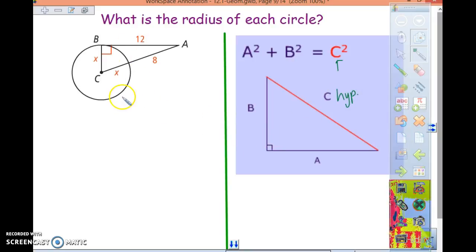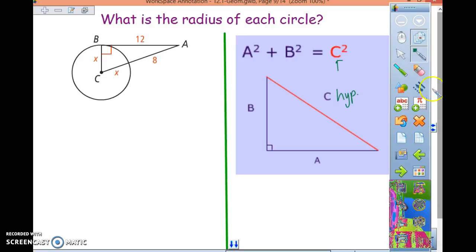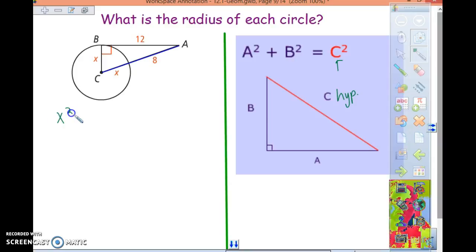So looking at this question, which number is the hypotenuse? Kind of a trick question because this whole blue length would be the hypotenuse. So setting this up, our two legs would be x squared and 12 squared, and our hypotenuse is the quantity x plus 8. And here comes the reason for our warm-up.